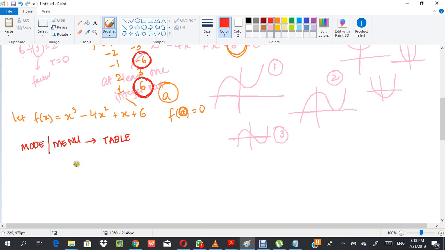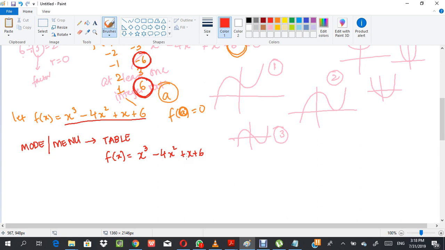In the table section, you will see f of x is equal to. Type this equation there with x's and all. So I'll type x cubed, take away 4x squared, add x, add 6. Let me enter this on my calculator first.